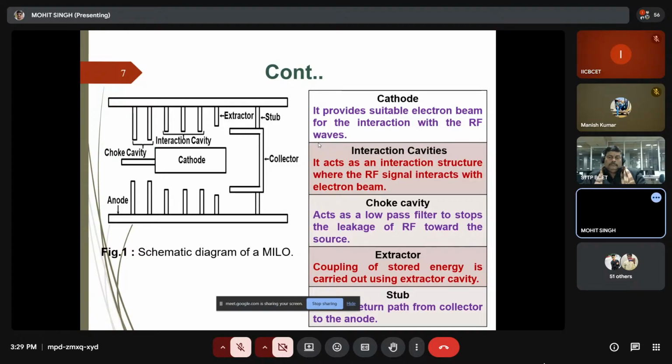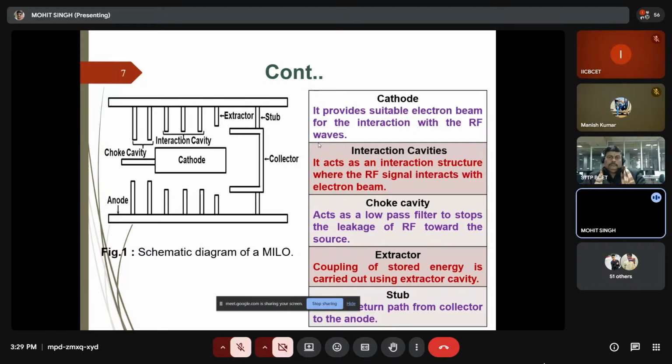If the phase velocity is greater than the speed of light, then it is of no use, because our electron beam is not traveling at that fast speed. The speed of the electron beam is slow, and the wave generated inside this cavity is traveling very fast compared to the speed of light. In that case, there will be no interaction.